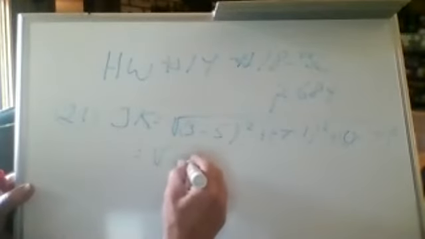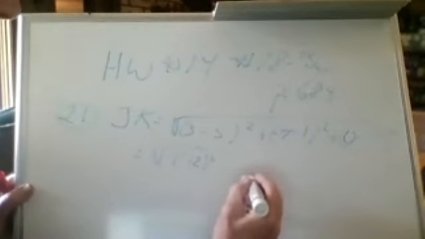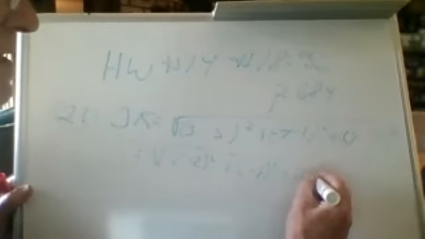So 3 minus 5 is -2. -7 minus 1 is -8. And 0 minus 7 is -7. So -2 squared is 4, -8 squared is 64, -7 squared is 49.